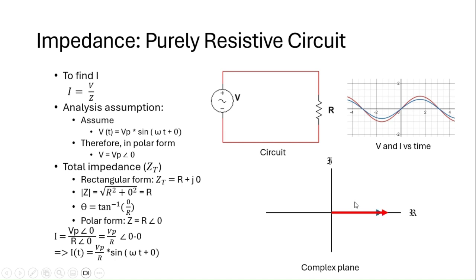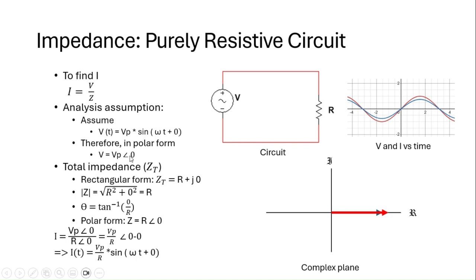There's no phase shift. Now, if we start with the assumption that v of t is equal to V peak times sine omega t plus zero, then we can change the voltage into polar form of Vp with an angle of zero.